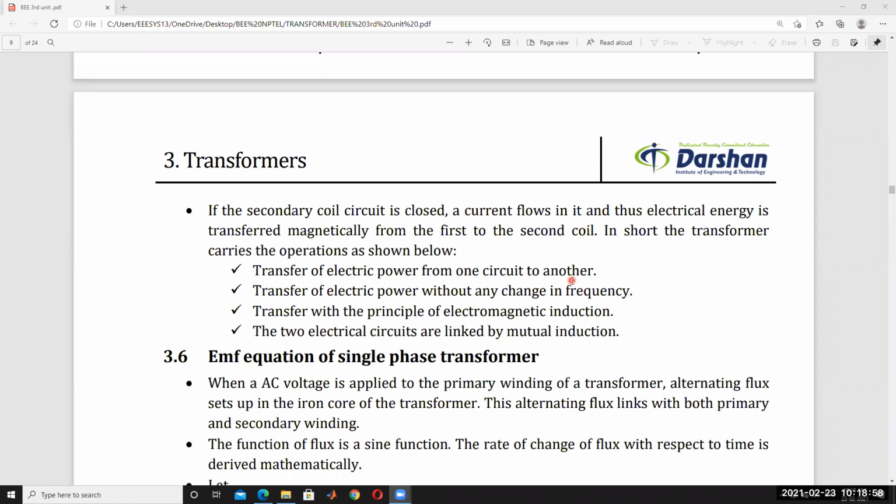So there is transfer of power from one circuit to another circuit. Inside the transformer there is energy conversion, but externally there is no energy conversion, so the transformer is not an energy conversion device.